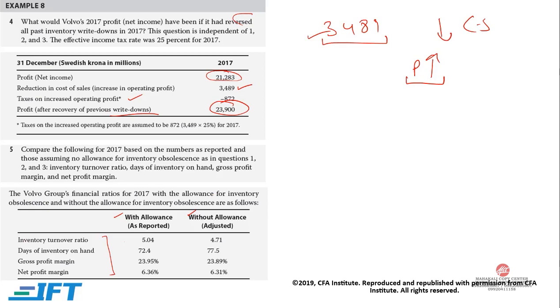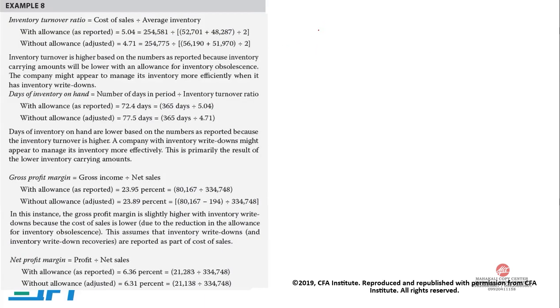So we have inventory turnover ratio, days of inventory on hand, gross profit margin and net profit margin. Now if you recall, inventory turnover ratio is cost of sales divided by average inventory. Now cost of sales as per with allowance equals 254581, and this is our average inventory.